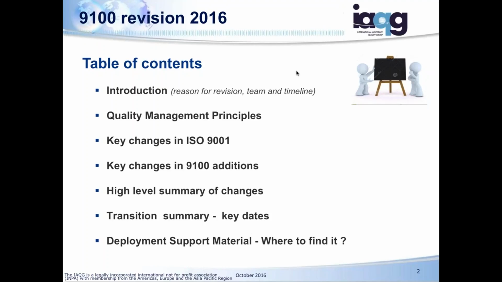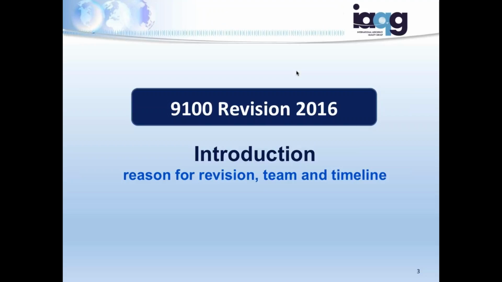Then I'll talk a little bit about a high-level summary, talk about transition with key dates, and then, as I said, we'll talk about deployment support material and where to find it. The IAQG 9100 team has developed numerous deployment support materials to aid users in their transition activity.